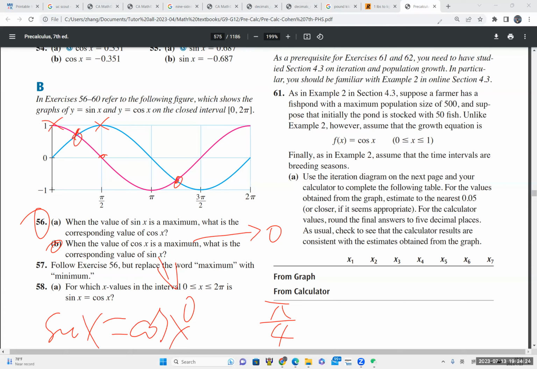What's this angle? I think it's 3 pi over 4. No, it's supposed to be greater than pi, right? So it's 5 pi over 4, right?